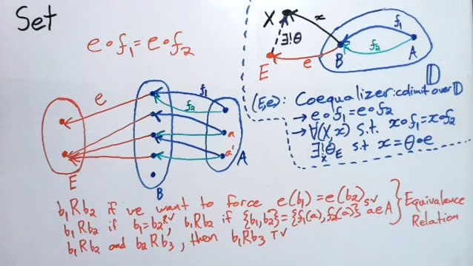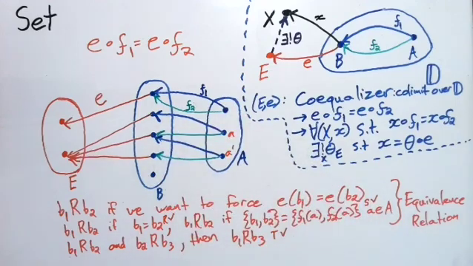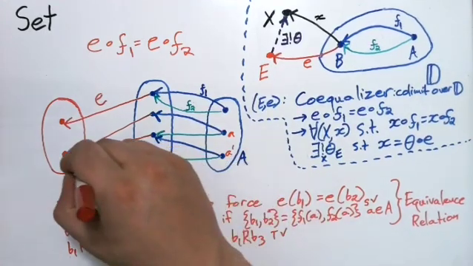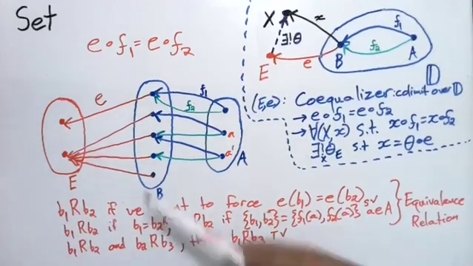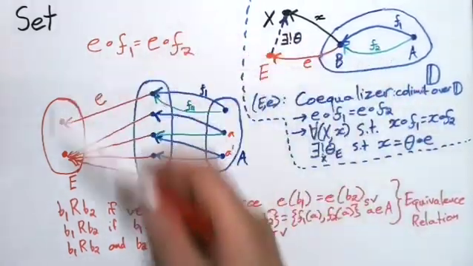We don't need to force it to do anything, effectively, because we're only worried about the mappings that f1 and f2 give us. So say we have some element here, doesn't matter, we can just map it to this one as well. But it's not in relation with those other ones because it's not something that we need to force, right? It can basically just map to whatever it wants, and it won't mess up our equality condition at the top here.